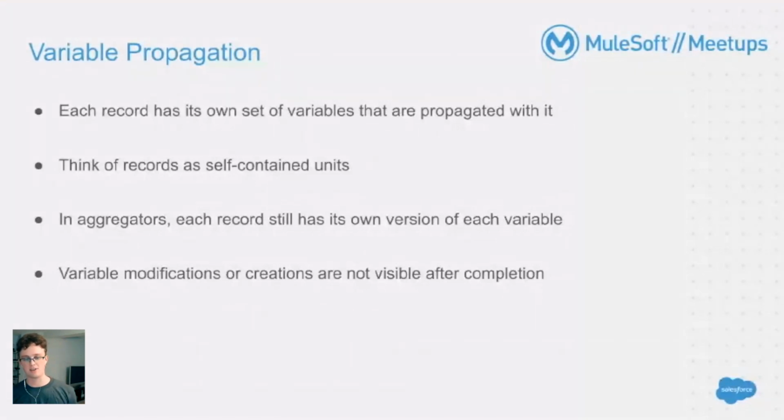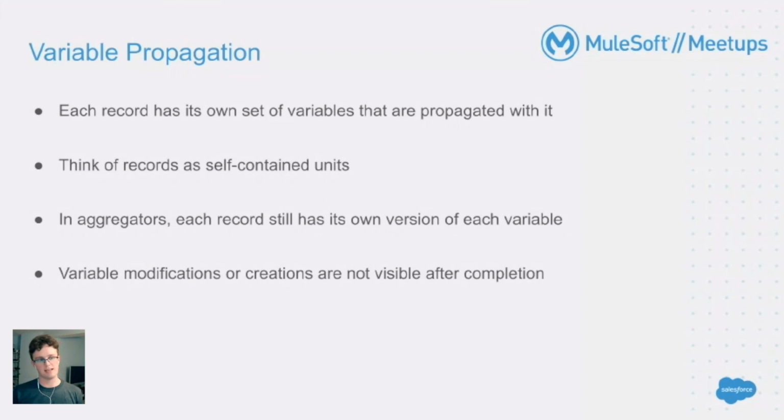So in your batch steps, if you edit those variables, you're editing that record's version of those variables. If it's edited as one record goes through, the next record is going to have just an original clean version of that variable. It's not going to see the edits that happened in that first record.